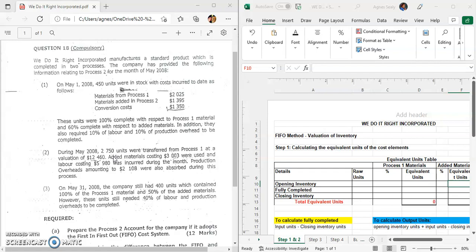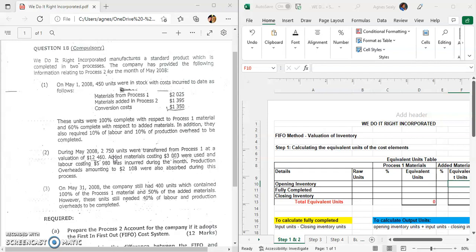Note number 3 states, on May 31st, 2008, the company still has 400 units which contain 100% of process 1 material. So at the end of the month, they had 400 units, which means that these are your closing inventory units.